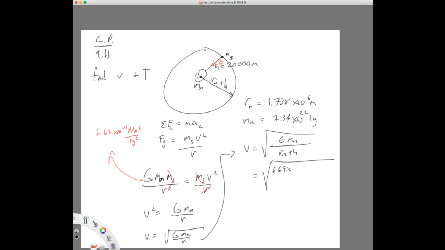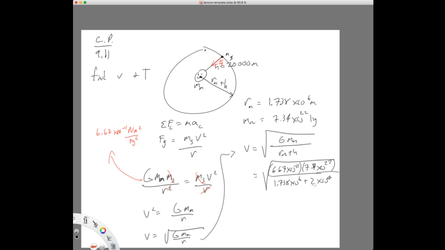6.67 times 10 to the minus 11. These problems are probably why scientific notation was invented. 7.34 times 10 to the 22. And on the bottom, we have 1.738 times 10 to the 6 plus 20,000 is 2 times 10 to the 4.